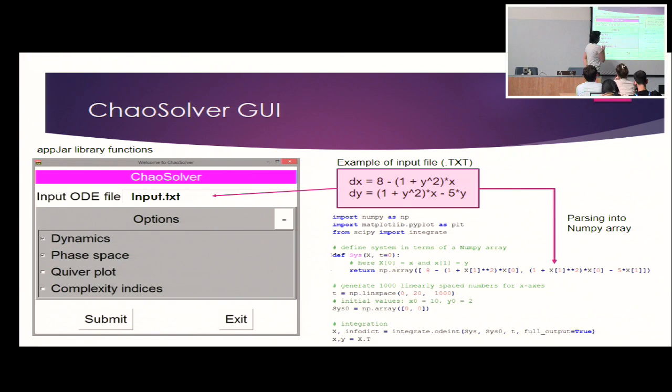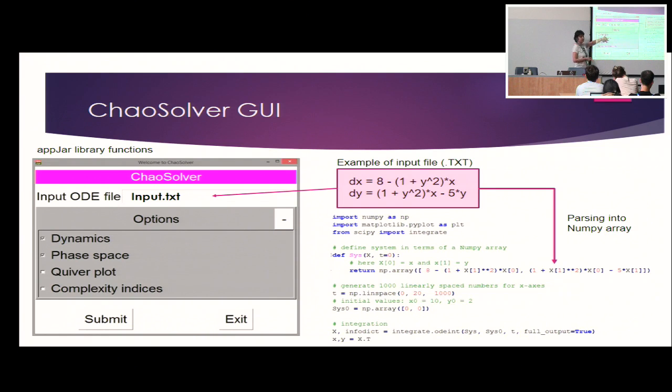So this is how the interface of this tool looks like. It's very simple, it's just a skeleton and not so elaborated at this moment. It requires the input of the name of the input file, and the input file for this system is the set of differential equations describing the dynamics of the system, and then there is a list of options to let the user select which results to calculate.